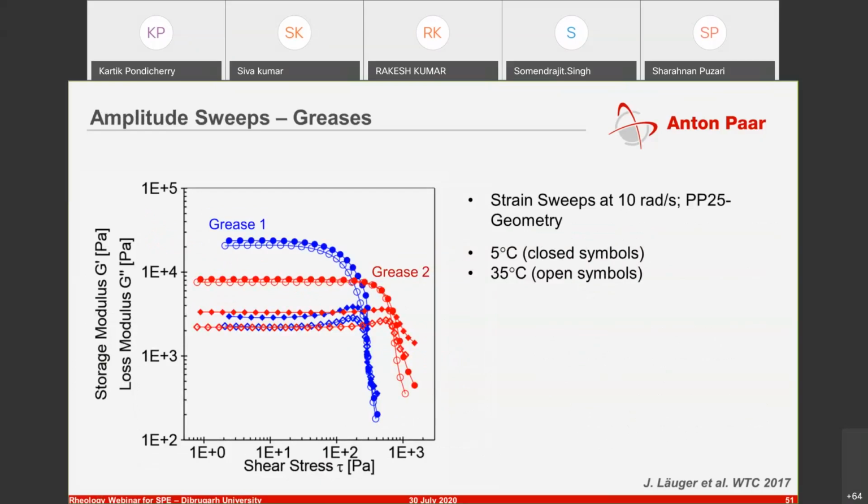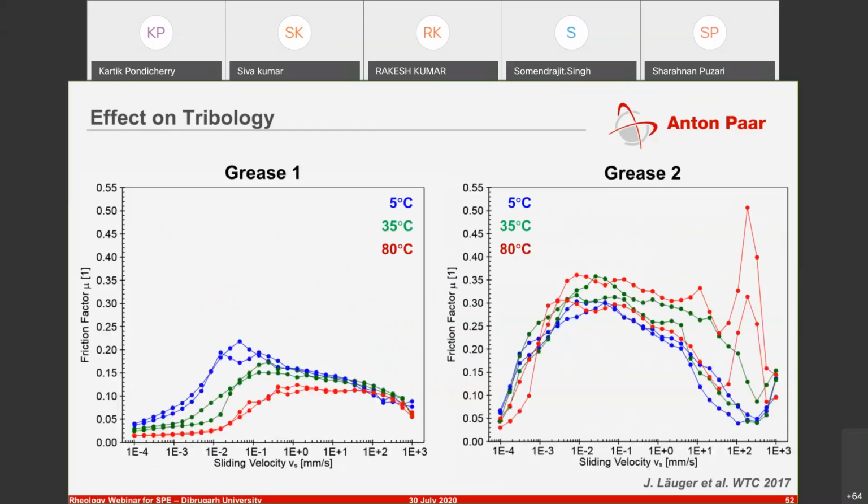So if you're thinking about tribology, where you have two components moving against each other and grease is used as a lubricant, this effect of G prime and G double prime and certain other aspects of the grease are having a tremendous impact on the frictional behavior.